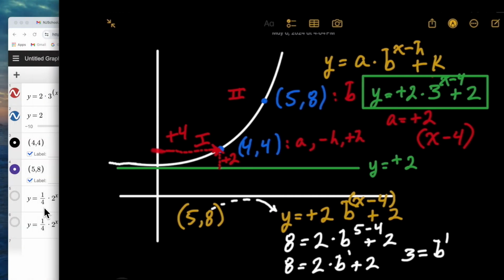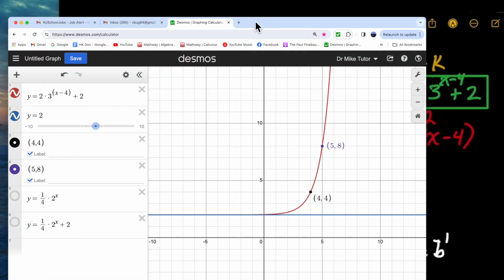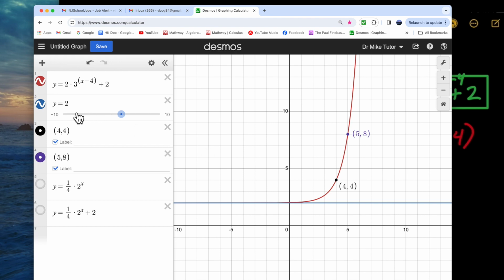All right, let's go back to Desmos and confirm that. And here it is. Here's our equation that we got, and that is the equation with the horizontal asymptote at 2 and these 2 points. And again, at the risk of being repetitive, that's the graph that we got using division of equations by itself.